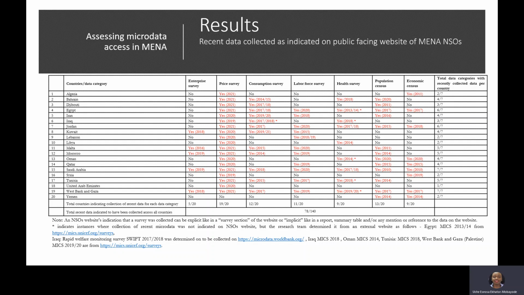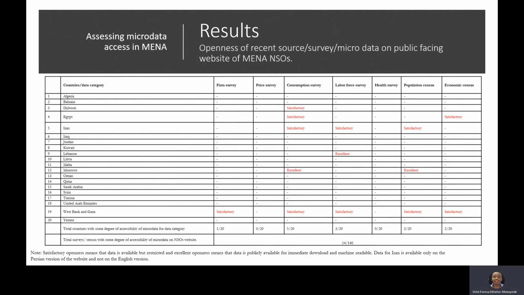What we then do, now that all of the surveys have been collected, 78 out of the 140, is ask: of the 78, which of these data sets is actually available to data users? What we find is that even when data is collected, it is rarely made available.